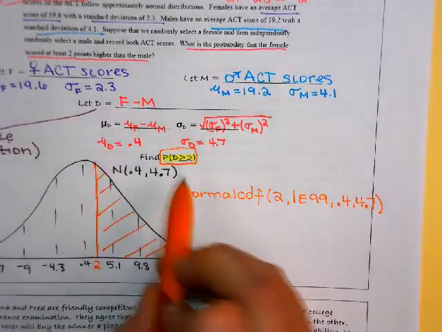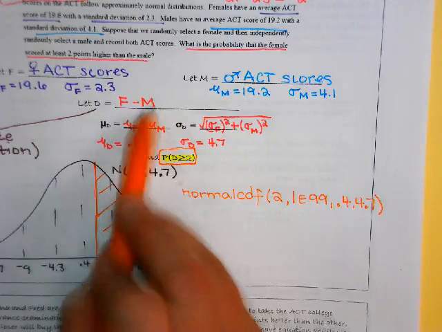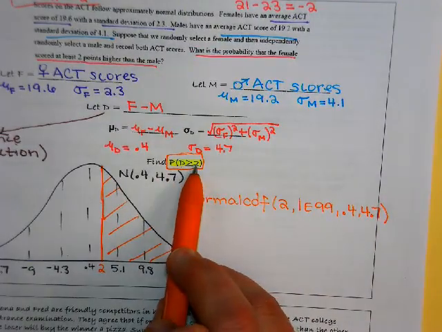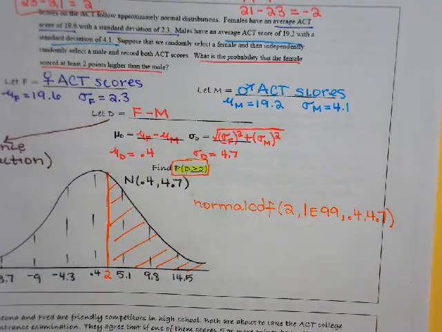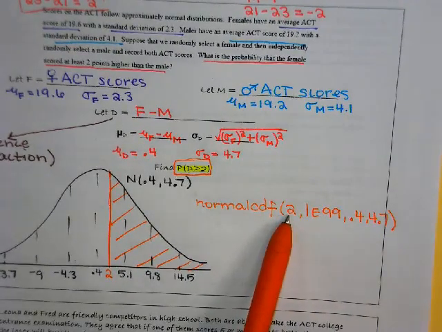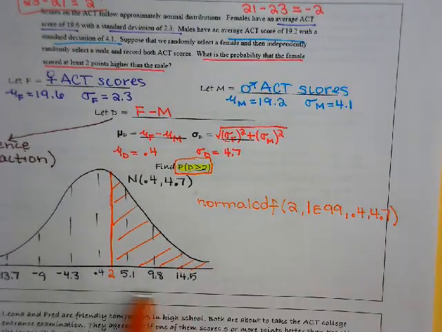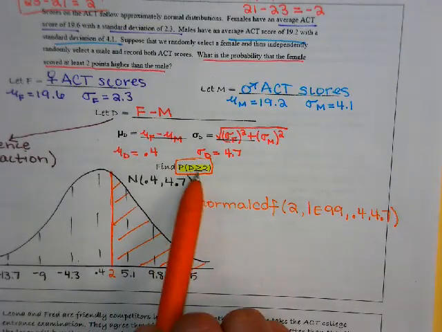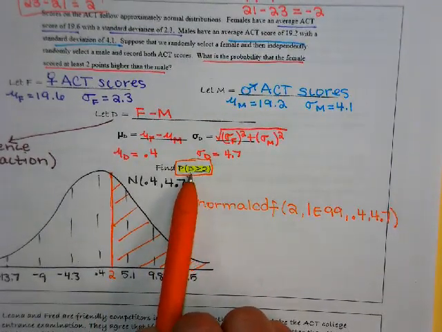No, I was asking about the one on mine. This one? Yeah. Because I'm interested in finding that the difference is greater than or equal to 2. So that's 0.4, that's 5.1, so 2 is somewhere in there. I don't know exactly where, so I just labeled it as 2.